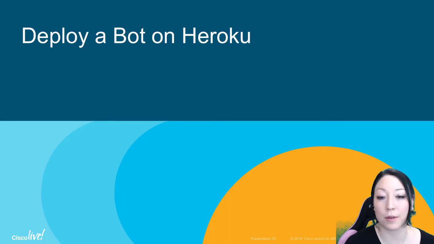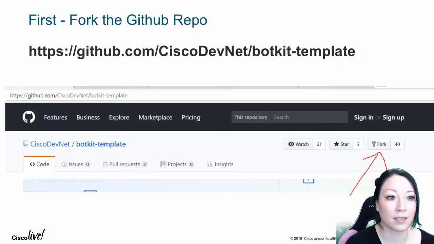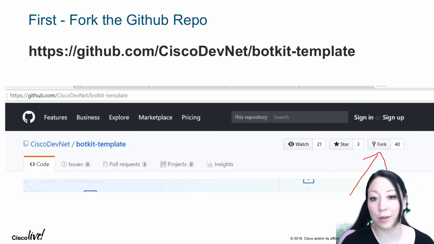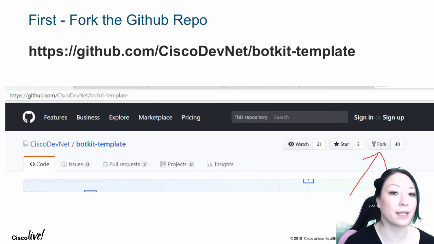Before starting Heroku, you're going to want to fork the GitHub repo that we have on the Cisco DevNet repository called BotKit template. So open up github.com real quick. This will only take a quick second. Log into your GitHub account and fork the BotKit-template repo from the Cisco DevNet GitHub account.